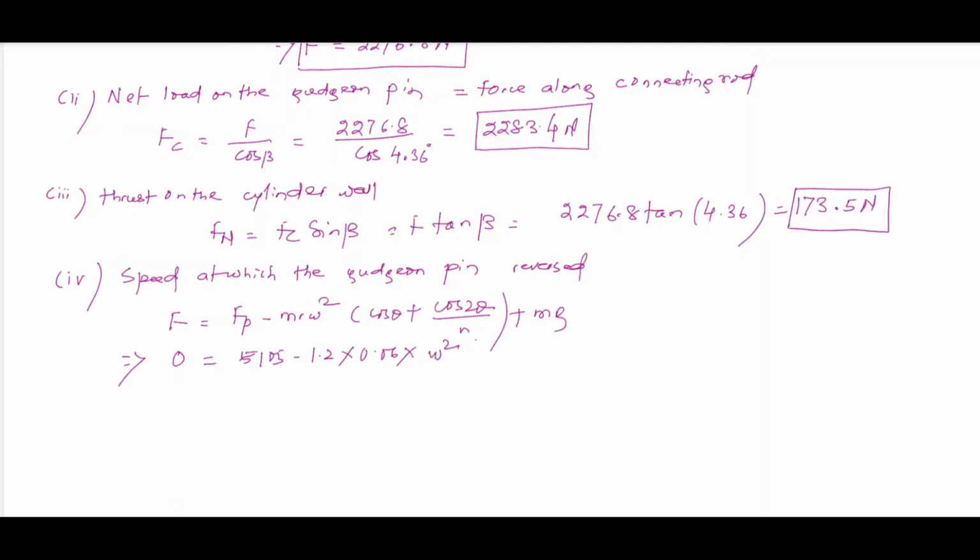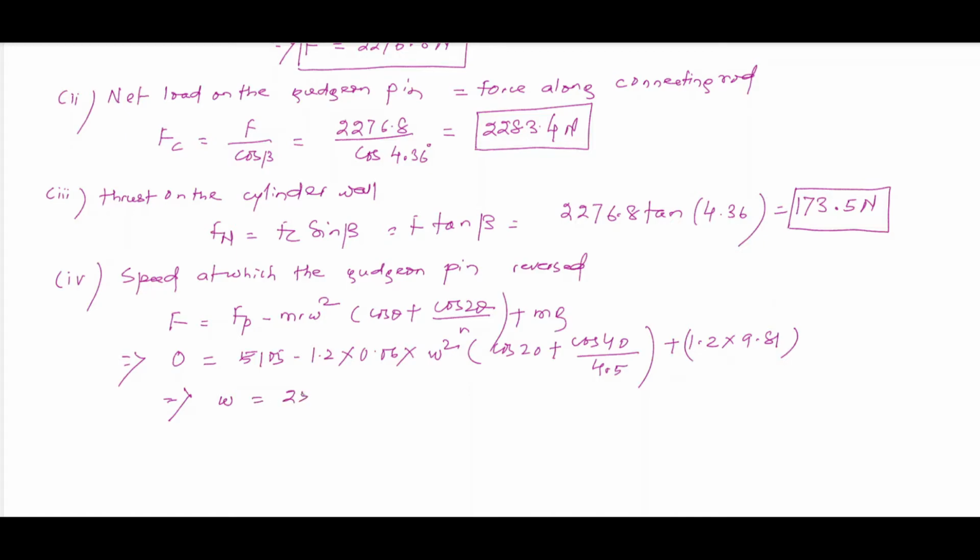Okay, then your cos 20 plus cos 40 divided by 4.5, okay, plus 1.2 into 9.81. So you can find out omega from here.